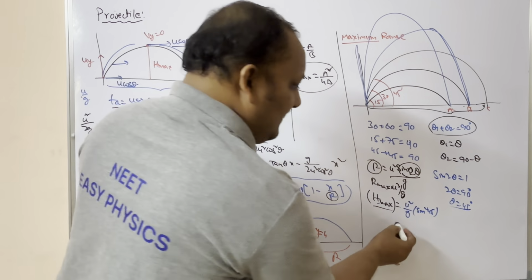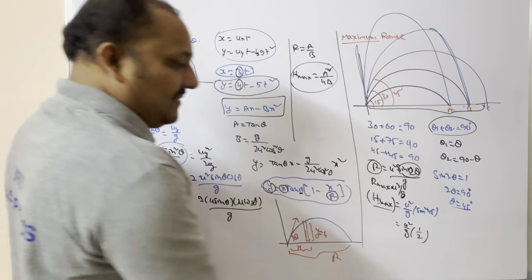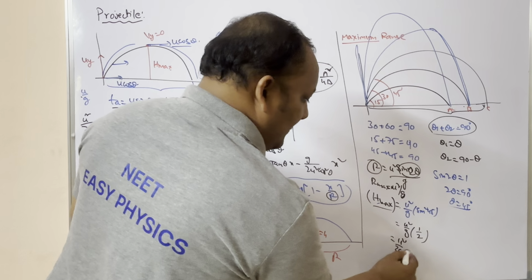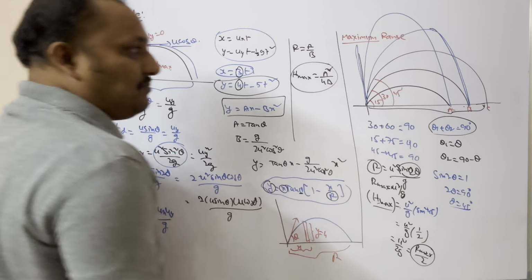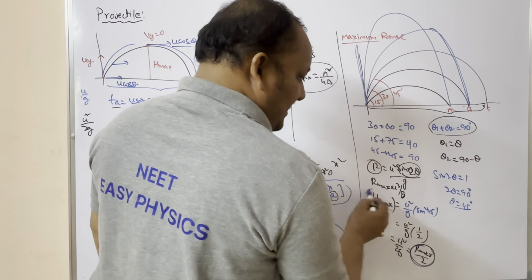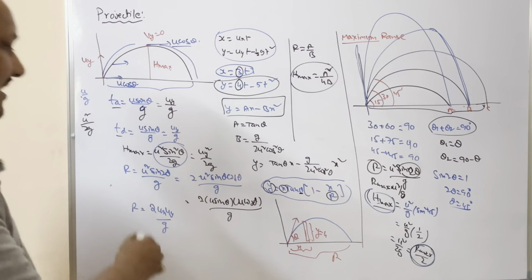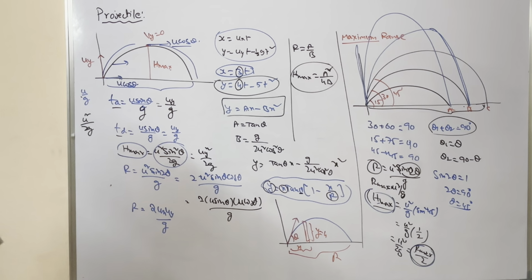Sin square 45 is u square by g times 1 by root 2 whole square, 1 by 2. That is going to be u square by 2g. So it is R maximum by 2. This is for the projectile. In the projectile case, you will get the relation between R maximum and H maximum, and they will ask for the H maximum and R relation. You will divide. All those you will get from these formulas.